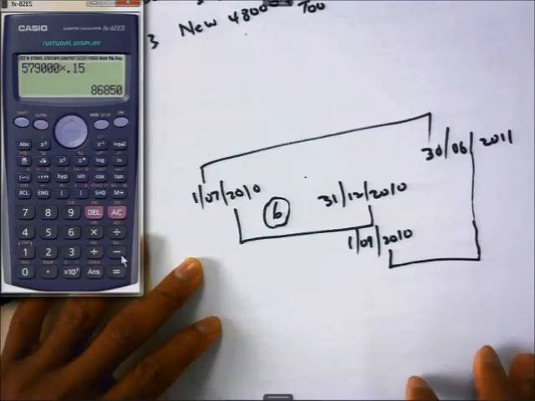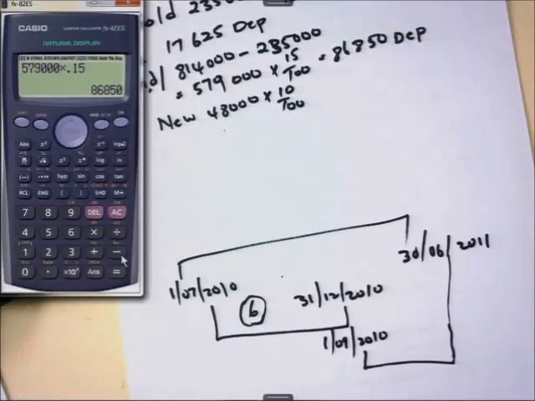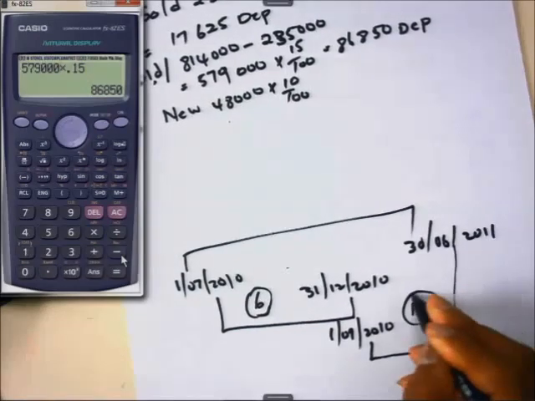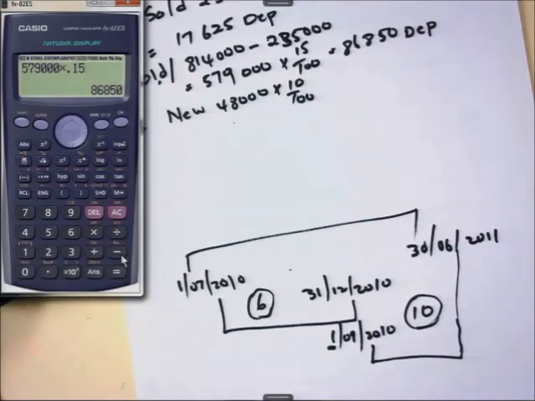So we must count months from September to the end of the accounting period: September, October, November, December, January, February, March, April, May, June. So we'll have 10 months. Remember, when you count months, you check whether it's the first day or the last day of the month. We talked about that when we started.